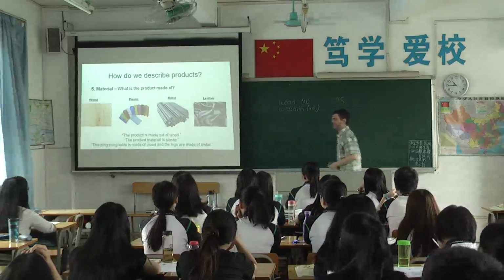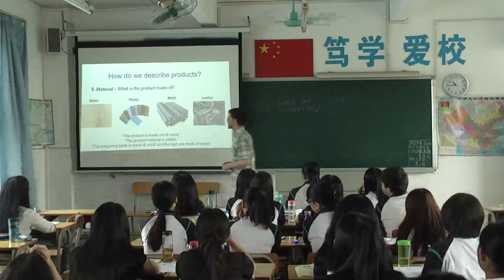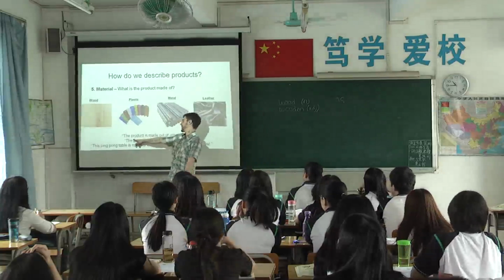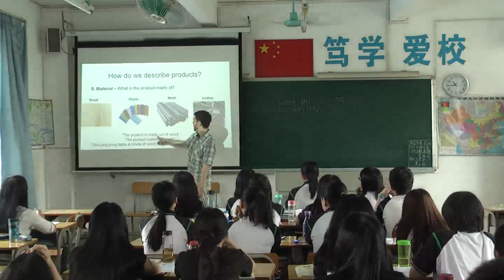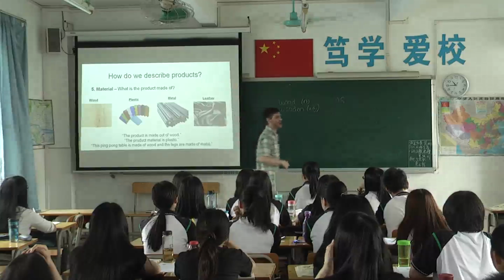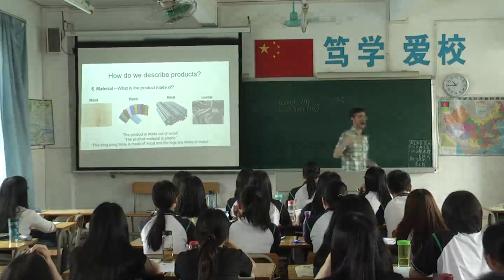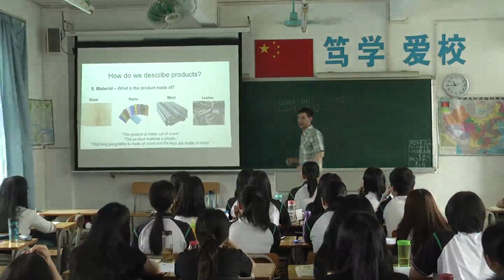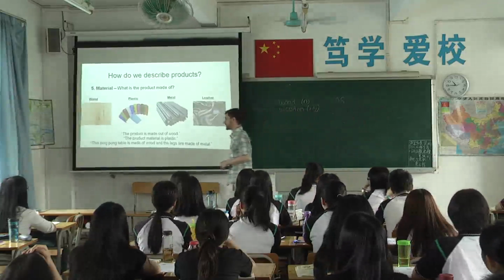So, someone may ask you, what is the product made of? You would say, the product is made out of wood. And like we said earlier, you also can say, the product is what? Wooden, right? Wooden. Good job.